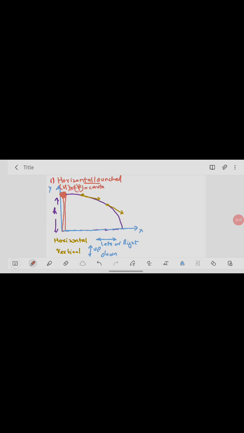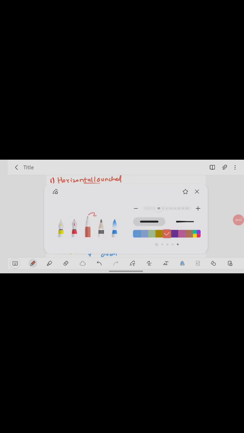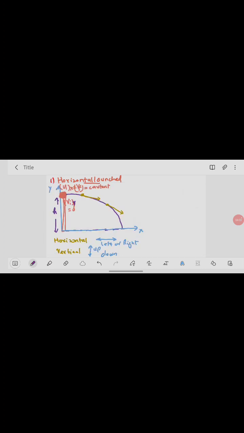The horizontal velocity will not change because it doesn't have the effect of gravity. And the initial velocity in the vertical direction, y, is 0. This is at the very initial position I am talking about.